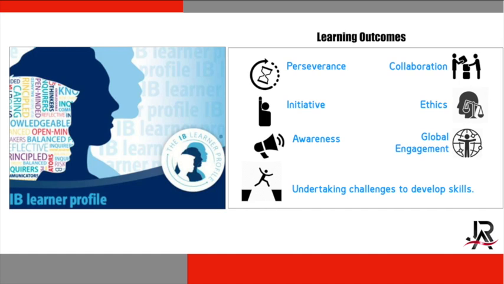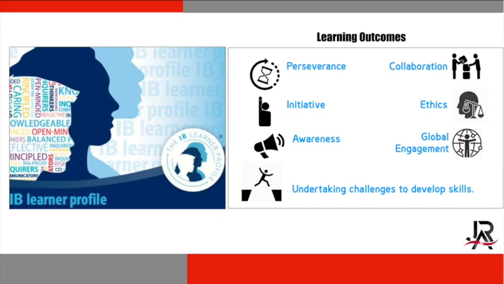By showing initiative, by undertaking challenges to develop new skills, by collaborating, by working ethically, by becoming informed to inform others, and by engaging globally, you will have the opportunities to demonstrate that you are an inquirer, a collaborator, a principled learner, an open-minded individual, a caring human being, etc.